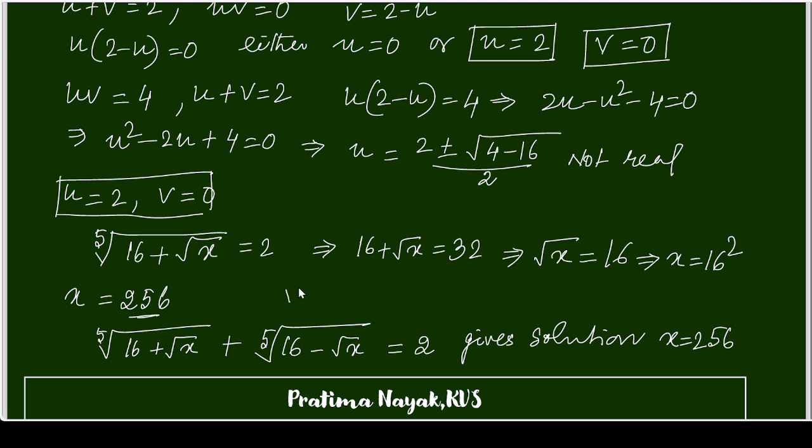If we put v equal to 0, that means 16 minus square root of x is 0, or square root of x is 16 again. So x is equal to 256.